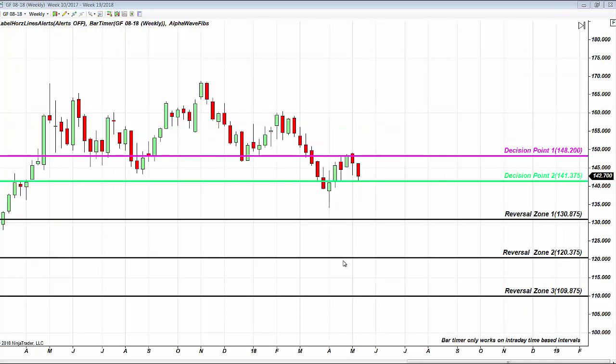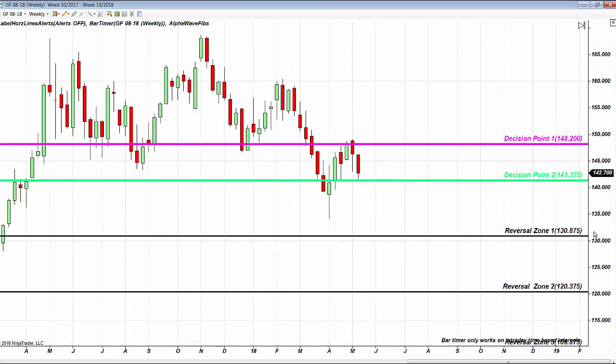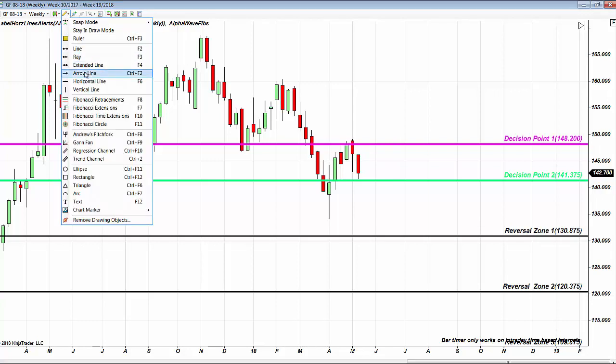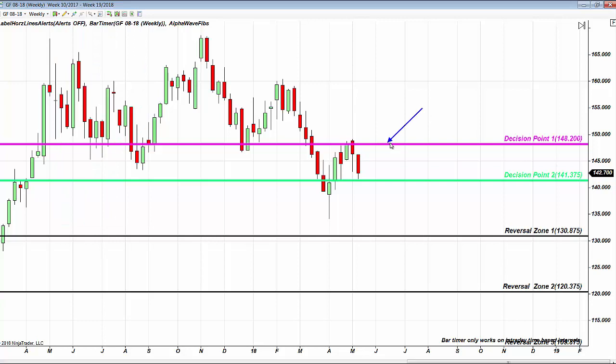This is where feeder kettle weekly is right now, at key Fibonacci support. This is ultimate Fibonacci resistance, 148.2. This is the institutional range, these two levels, 142 and 148. This is ultimate resistance, this is ultimate support.